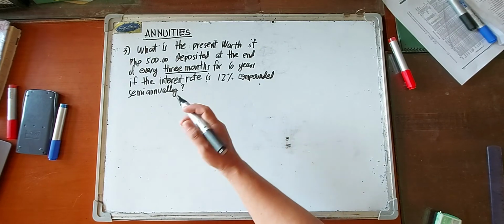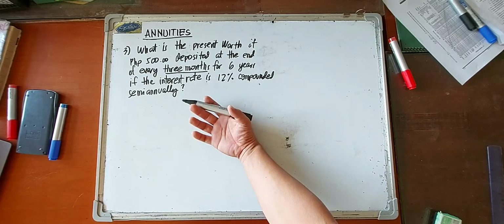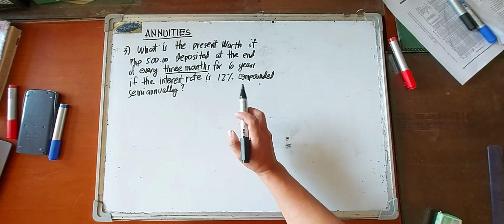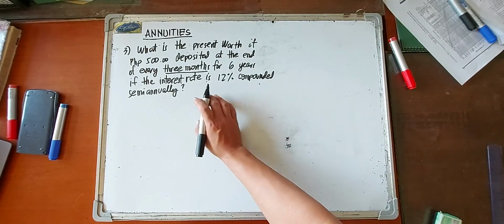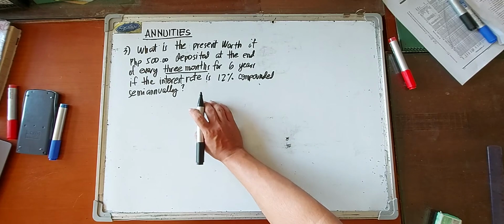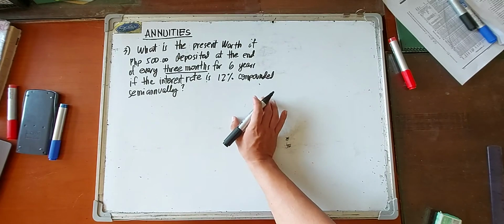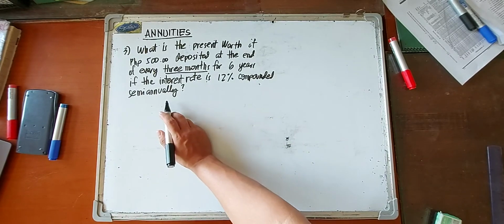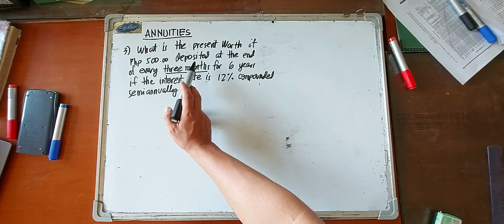Okay, so quarterly, deposit ka ng 500 pesos for 6 years. So the given interest rate is compounded. Ito yung problem, ano? Because the interest rate is compounded semi-annually. So iba yung compounding, yung period ng compounding at yung pag-deposit.